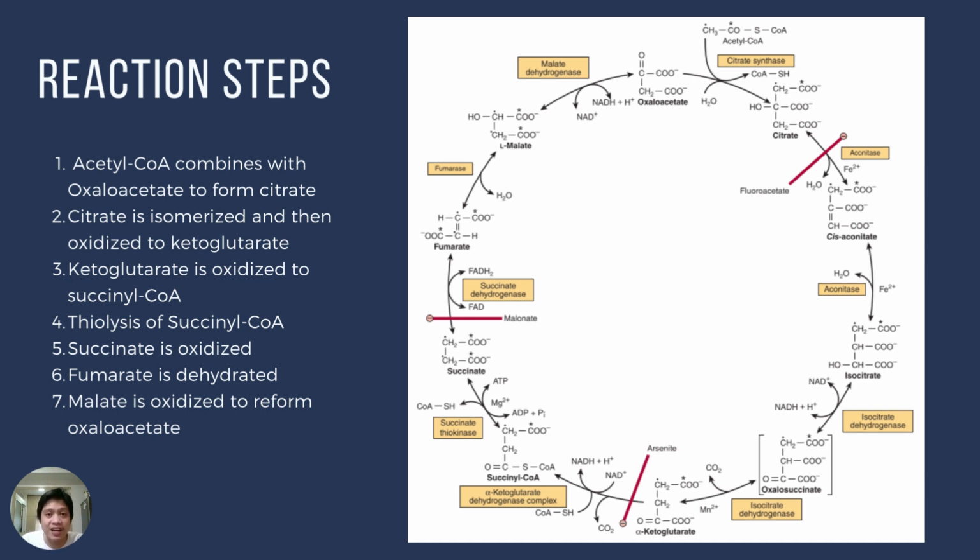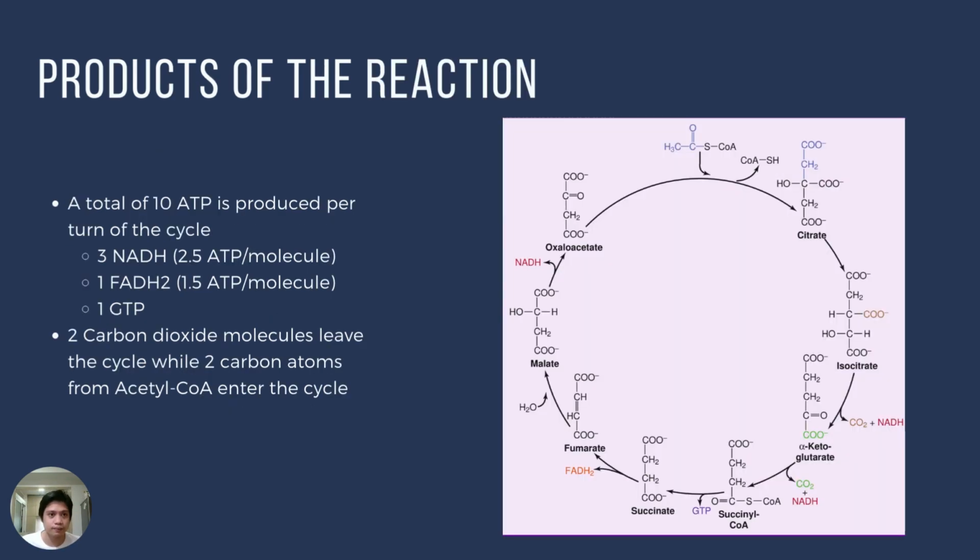And lastly, malate will then undergo the third dehydrogenation reaction that uses NAD, and that will form NADH. Then that will reform oxaloacetate, which is the starting point of this cycle. So again, let's recapitulate. The products of the reaction will be 10 molecules of ATP per turn of the cycle.